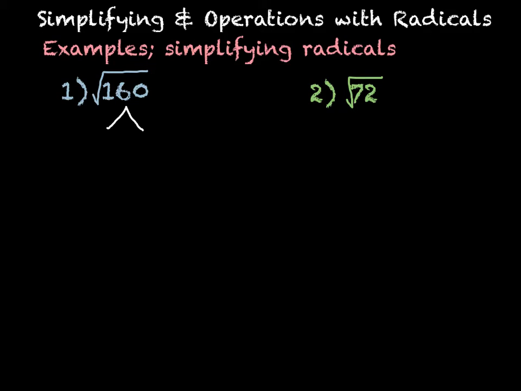So when I tree this out, I could tree it out as 16 times 10, which is 160. So the square root of 16 times the square root of 10 is the square root of 160.